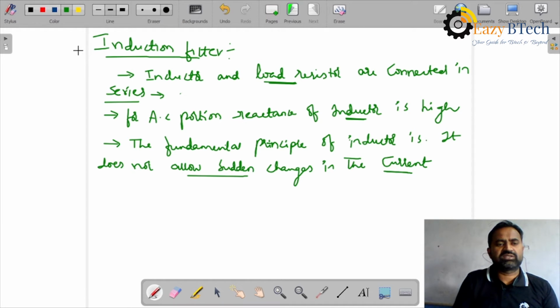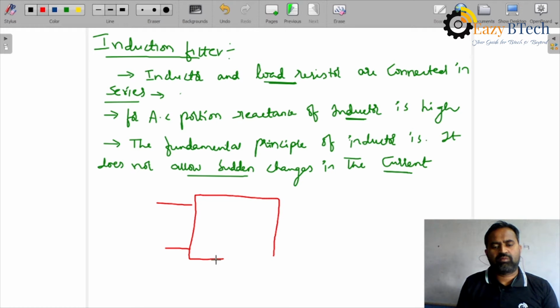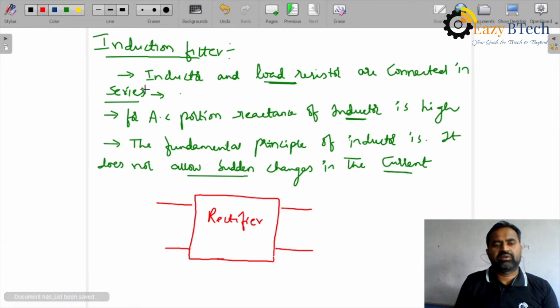Okay, now you can see the construction. This is a rectifier section. Here we are connecting an inductor, or we'll call it a choke. Here the load is connected.